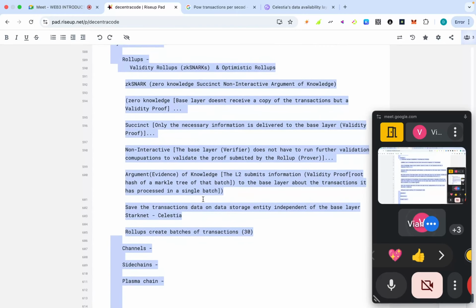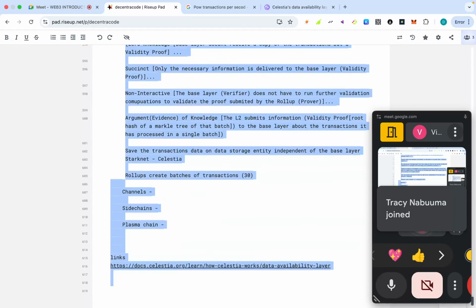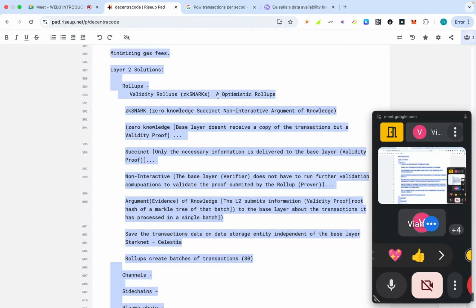So, basing on that understanding of how a rollup, particularly a validity rollup, operates, I will look at optimistic rollups later.